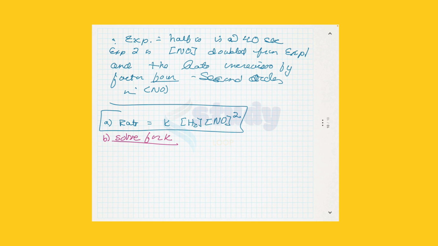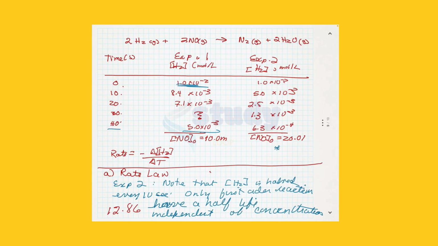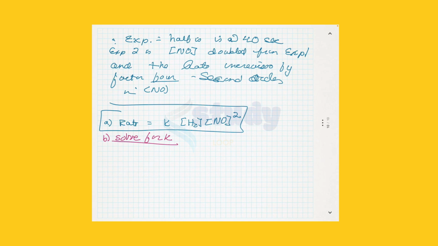Okay, so this is going to be pseudo first order in H2 as the concentration of NO is so large, it's basically constant. So looking back at our data, this is so huge, so it's hardly going to change at all.